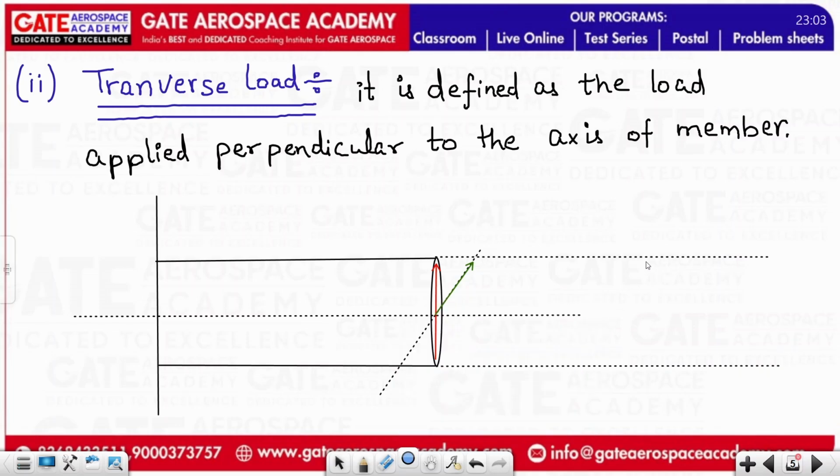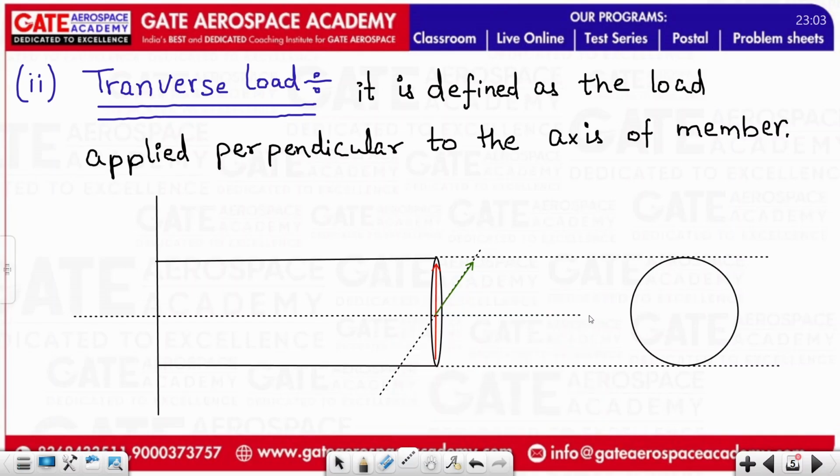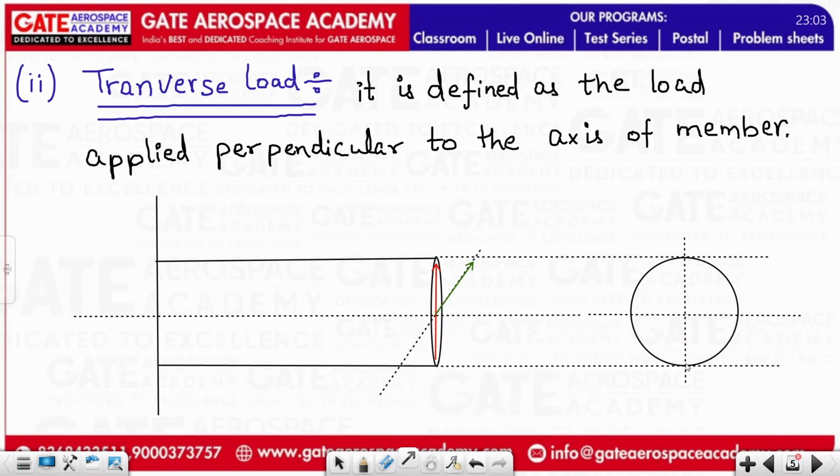Suppose this is your cross section. If you try to plot it again, the center will be somewhat like this. Now you will try to see the force. The load is somewhat like this. Initially this is your red load, and similarly the green load is somewhat like this.